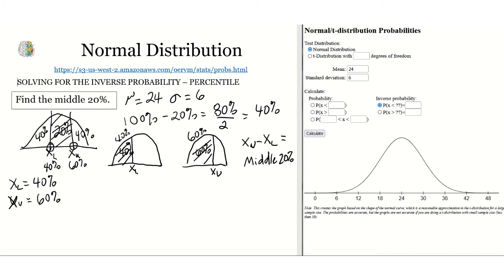So let's go ahead and put in my calculations. To get that lower boundary, I'm going to get the probability that x is less than my lower boundary, and I'm going to set that equal to 40%.